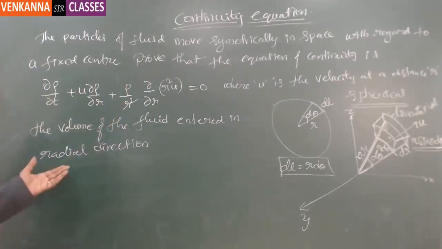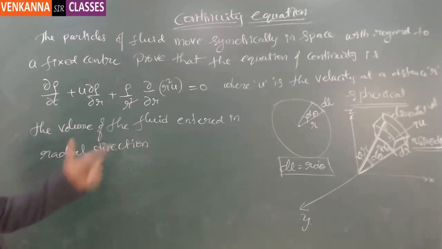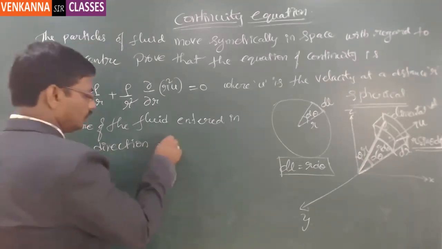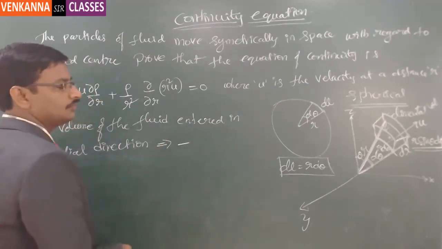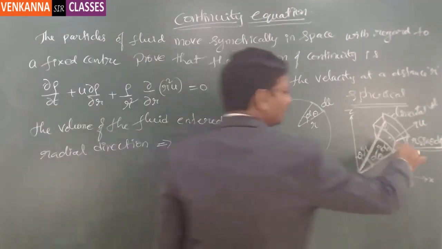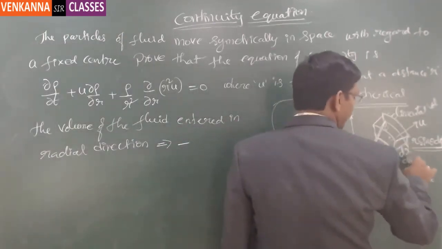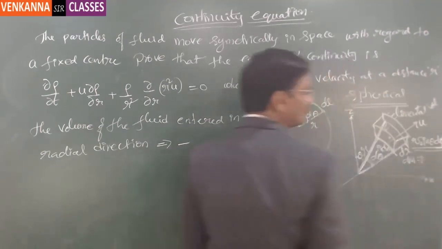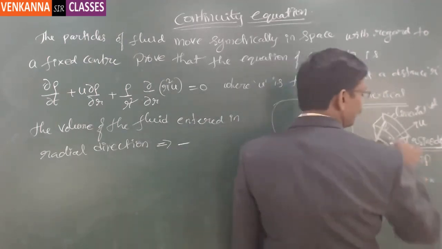So the volume of the fluid that is entered in the radial direction is equal to minus of, here the mass of the fluid, let us say dm. dm is nothing but density into the elemental volume.